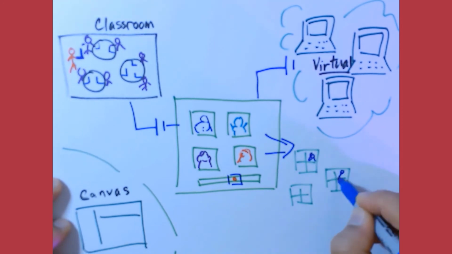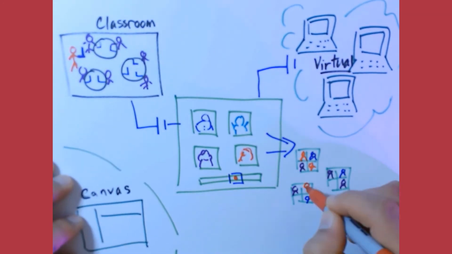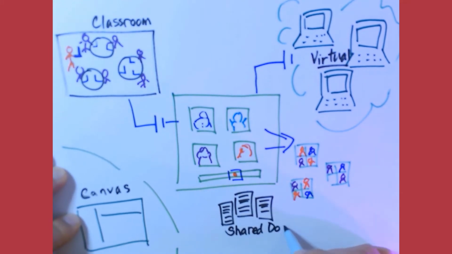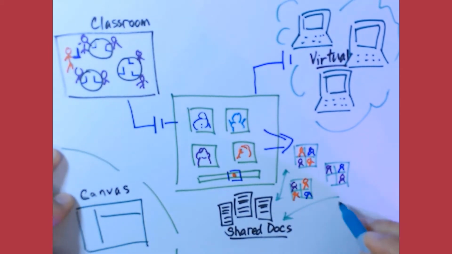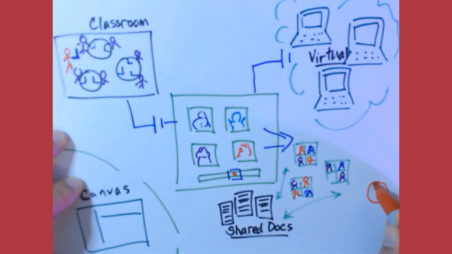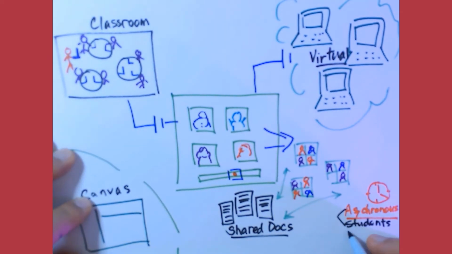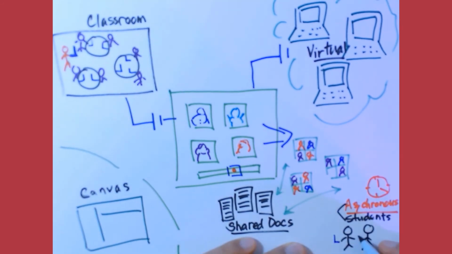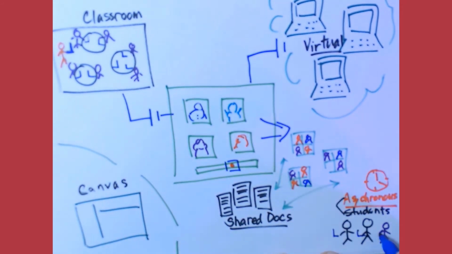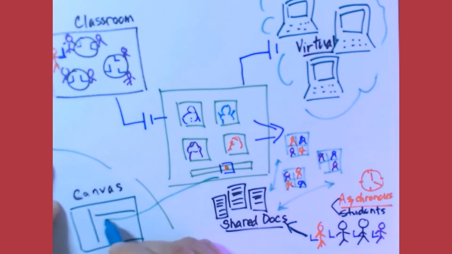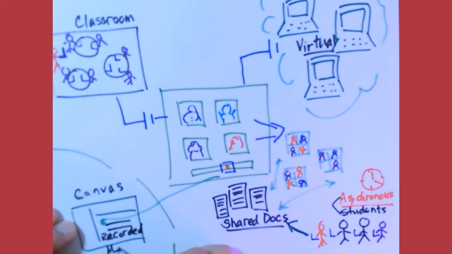And they may break into a breakout room where they access and share documents or share a platform, such as Office 365. And then there are asynchronous students joining after. Of course, they will be watching the recorded video of the meeting, so they know exactly what happened, and they access the shared document.